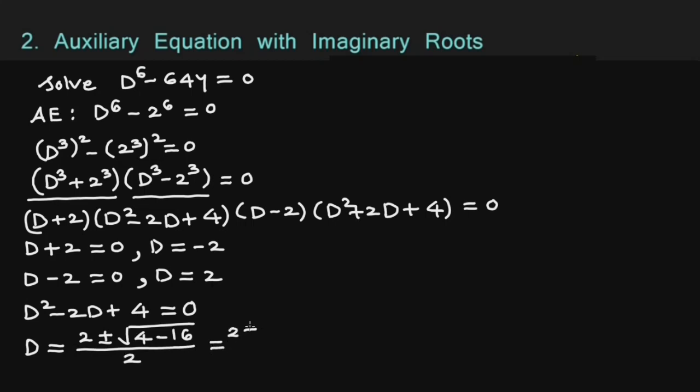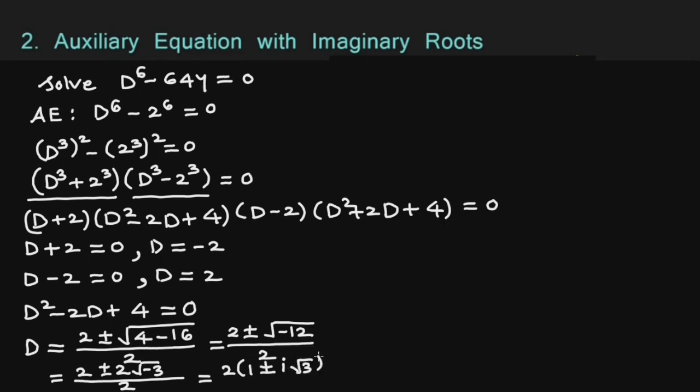This is 2 plus or minus the square root of minus 12 upon 2. This is 2 plus or minus 2 square root of minus 3 upon 2, which is 2 into 1 plus or minus i root 3 upon 2. Cancelling 2, d will be 1 plus or minus i root 3, where alpha is 1, beta is root 3.